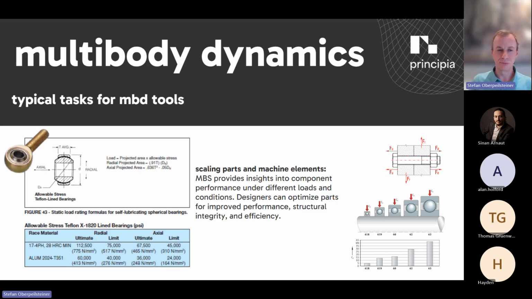If you have a tool like ours, you can compute loads or also load cycles. That means how often this is loaded with this special amplitude. And then you can, of course, go into these tables or any other standard values for these parts and dimension those parts prior to going to prototyping, which of course is very beneficial.